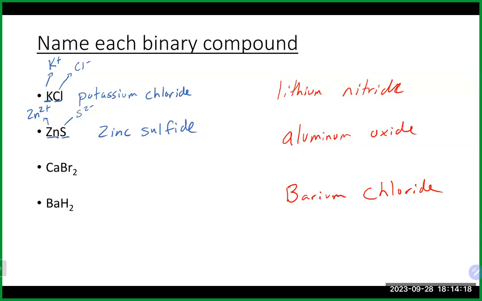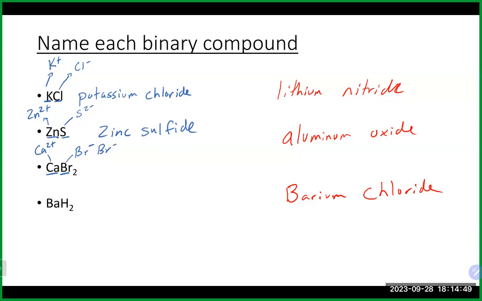Looking at the next one, calcium is a metal, and bromine is a non-metal. Calcium, being group number 2, has a fixed +2 charge. And bromine is group 7, so the correct formula for the anion is just Br-. People always want to put Br2, but the 2 means we have 2 of those -1 charges to balance out the +2 charge to get us to 0.